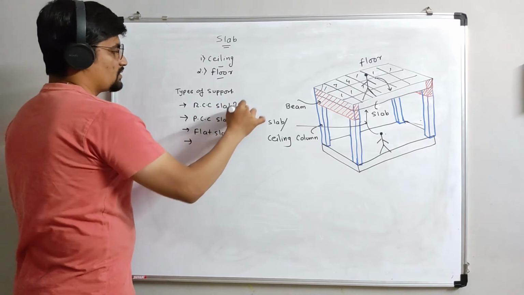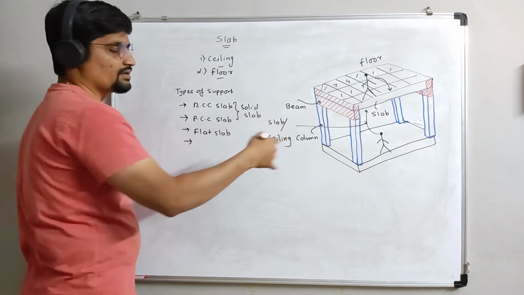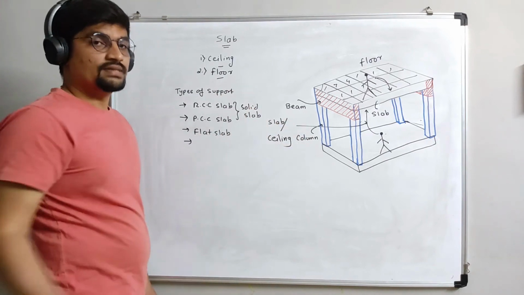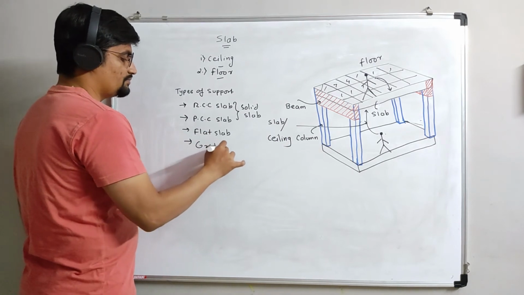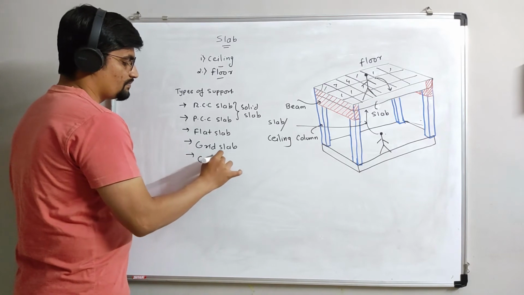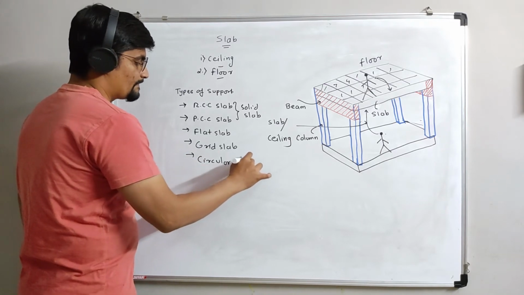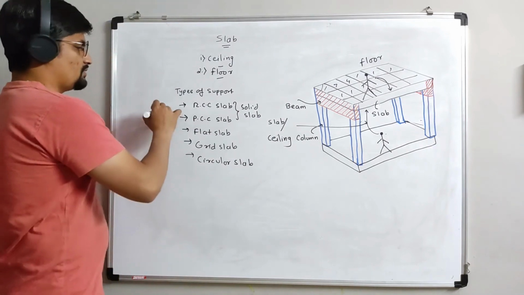These two are known as solid slab, which we generally use as conventional slab. Then there are flat slab, grid slab, and circular slab. But in this portion we will only study the solid slab.